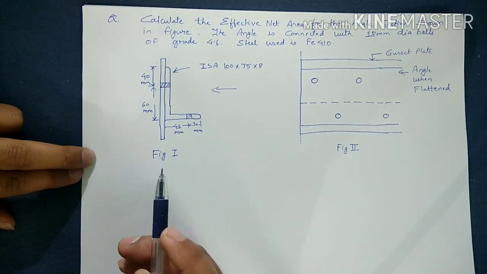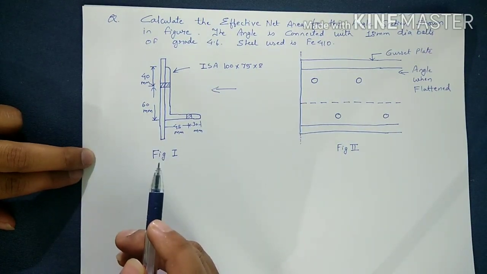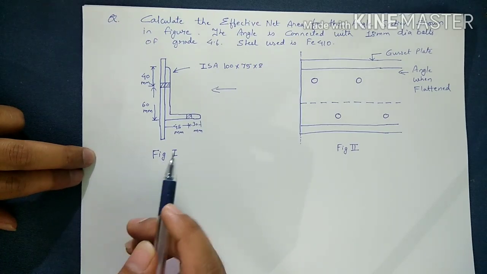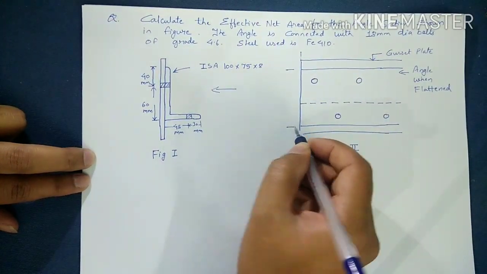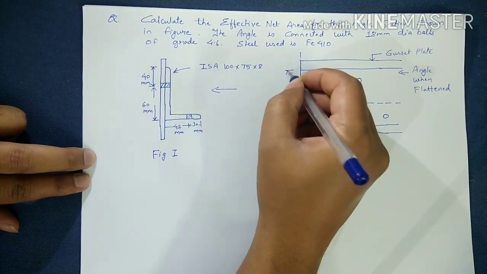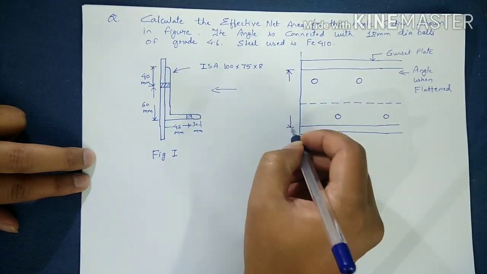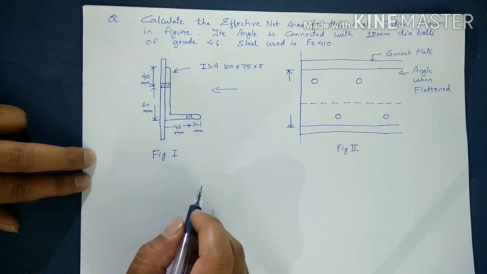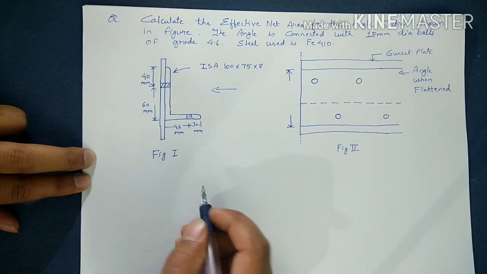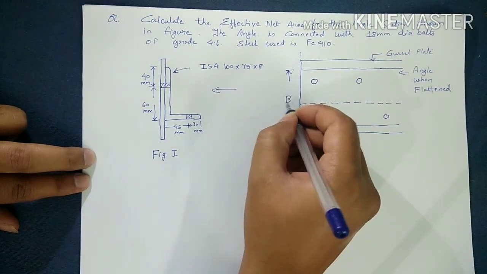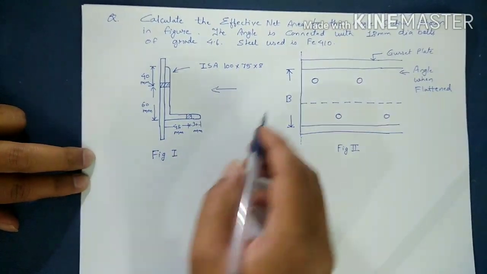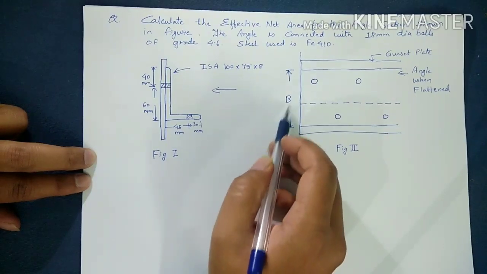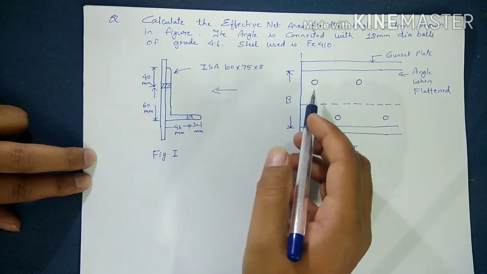So before proceeding, we should calculate the overall width, or overall length, of the angle, that is B. So first we have to calculate overall width or length of the angle.